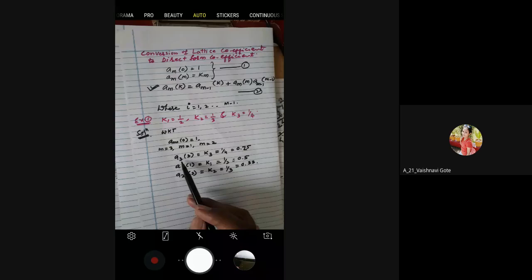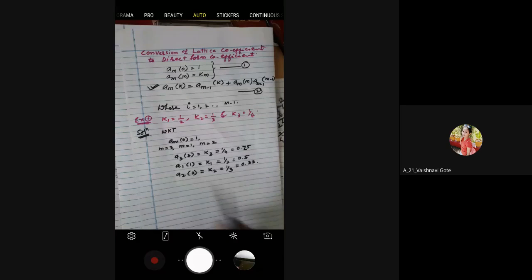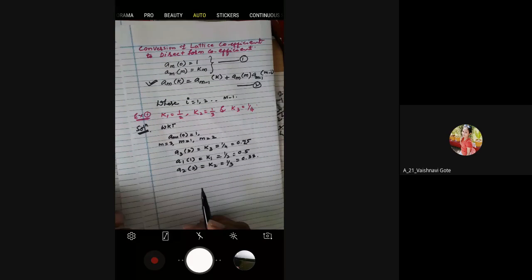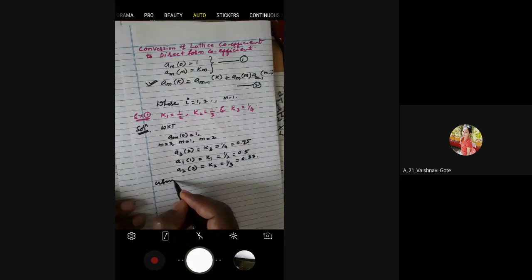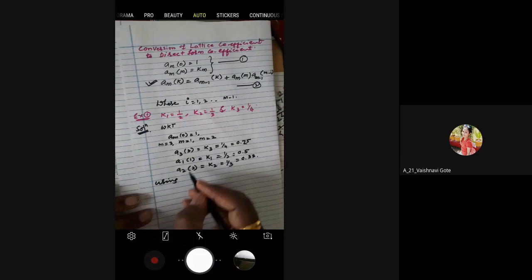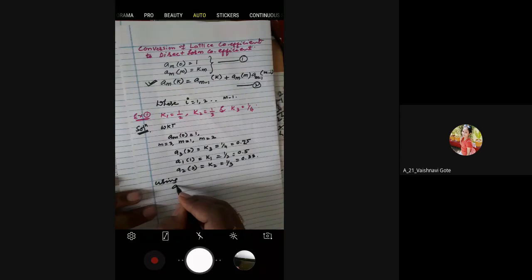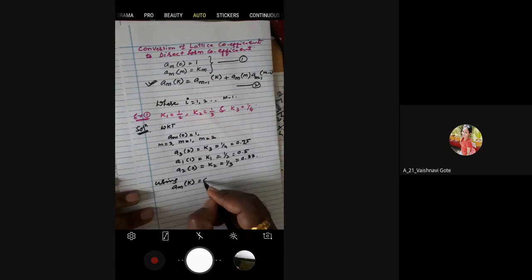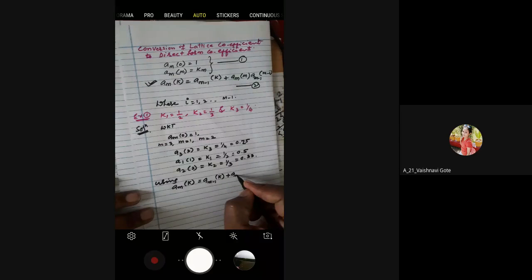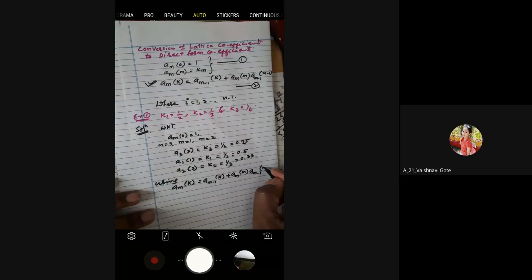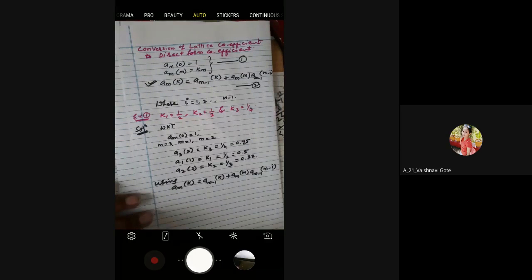Now, using last equation, that is using a_m of k is equals to a_{m-1} of k plus a_m of m into a_{m-1} of m minus I, for m equals to 2.